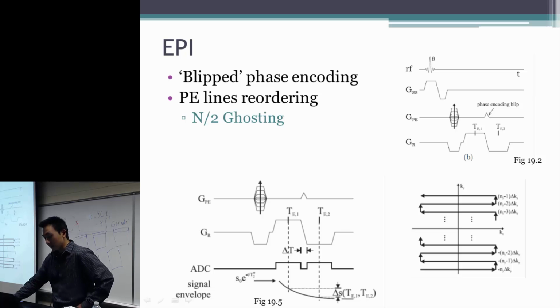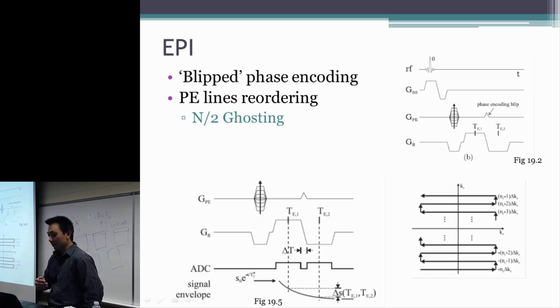So as we saw before, the K-space lines were acquired differently for the even and odd lines. For example, for the even lines, it sweeps through the KX along one direction, while the odd lines sweep through the KX along the opposite direction.